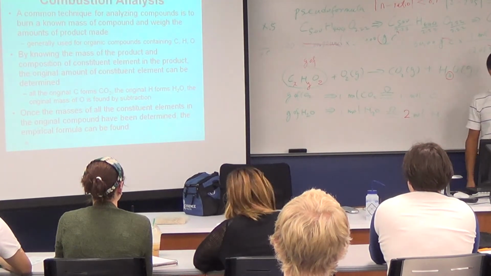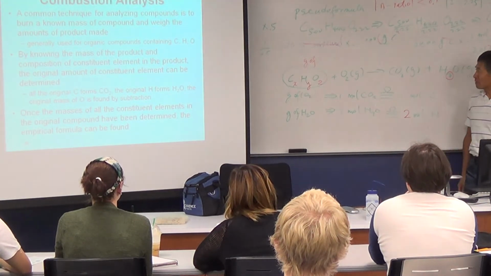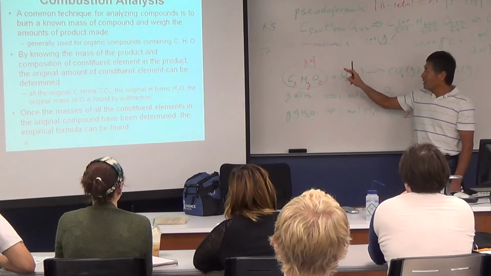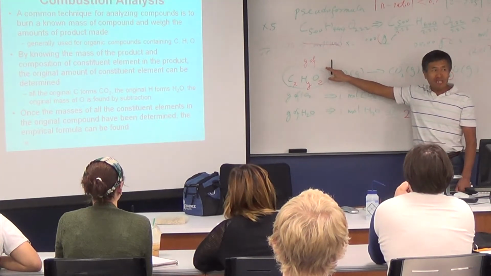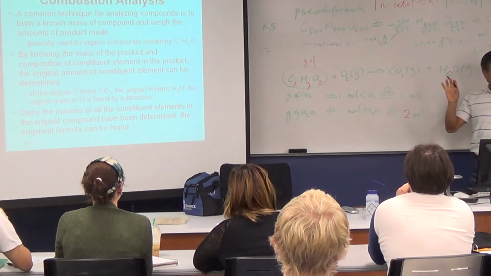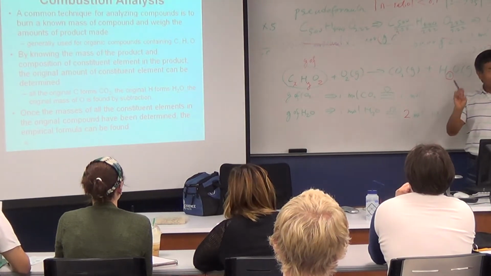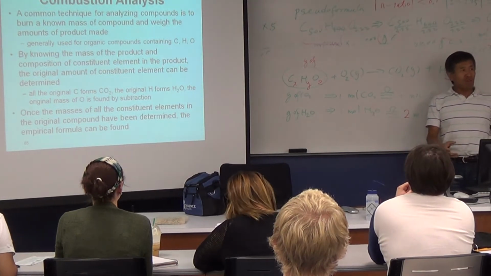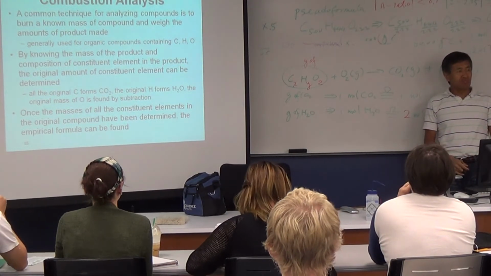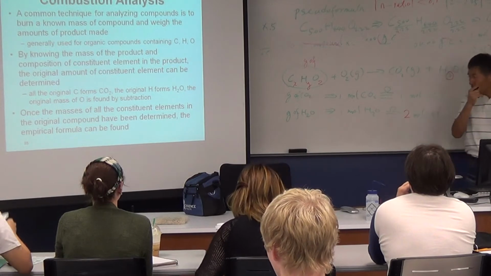Yeah. That's very smart. So you will take the gram of the total, subtract the gram of carbon and the gram of H, then the leftover will be the gram of oxygen. Now we stopped here.